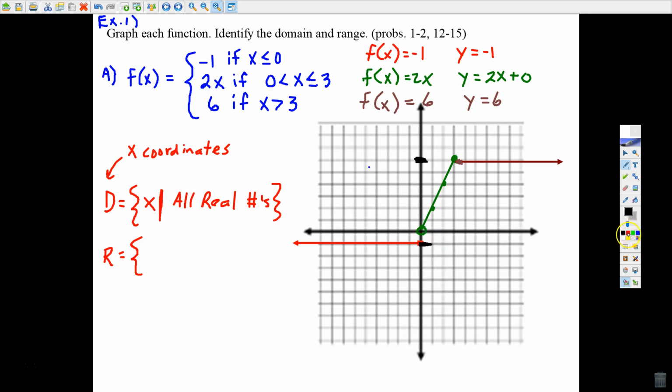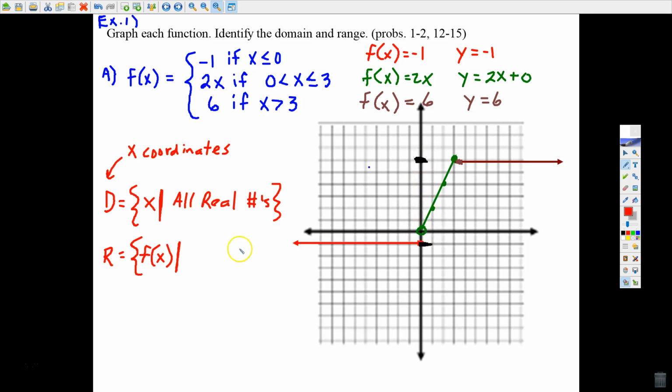Okay, so here's the way we're going to state the range. The range, y or f of x, such that, now let's go with this top part first, this range of numbers from 0 to 6. Those are all covered, but we're not including 0 in that range.